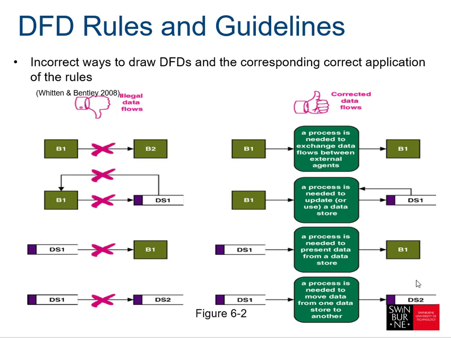So that is the correct way. So you can see there are illegal or incorrect ways of developing data flow diagrams, or the fragments in other words, and the right hand side shows you the correct way of developing your fragments. So make sure you apply these rules when you construct your data flow diagrams for your subsystem.